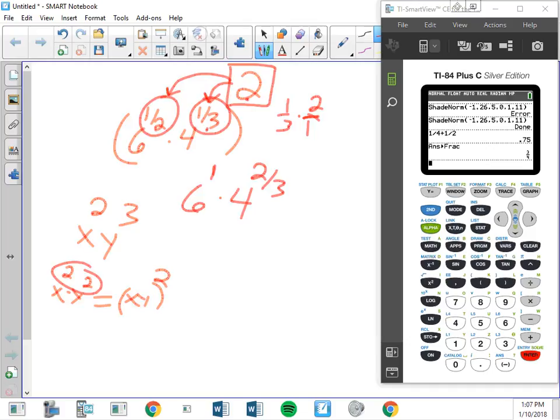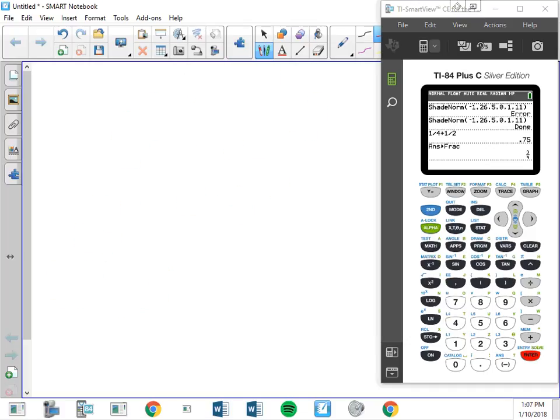What about this? 4 to the 5th times 3 to the 5th, all to the negative 1/5. I need to flip it.